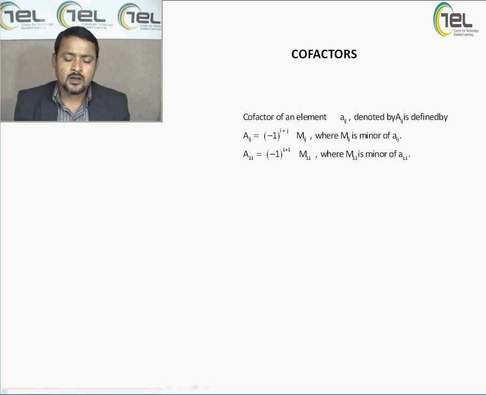So if I have to find the cofactor of small a11, it will be denoted as capital A11, which is equal to minus 1 to the power 1 plus 1, multiplied by M11, the minor of A11.